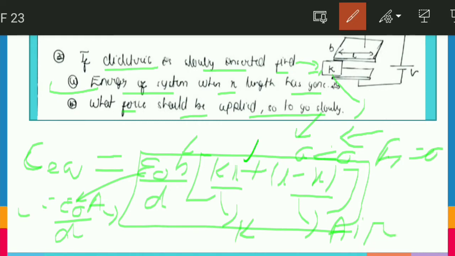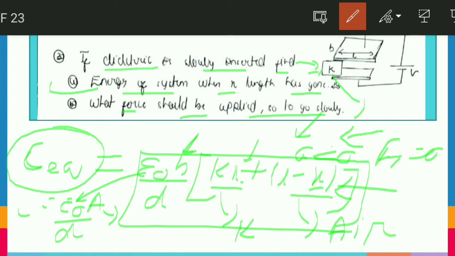Because x length has gone in, L minus x length would be the air portion. So it is just the sum of two capacitors in parallel connection, where b is the breadth and this is the length, and our formula is satisfied. I hope you understood how I have written C equivalent.